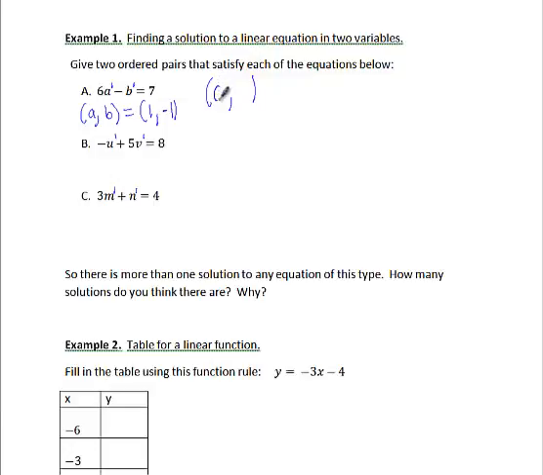So let's make it easier on ourselves, and I'll pick 0 for the x, or in this case the a. So if a is 0, then I can place 0 in here for a.